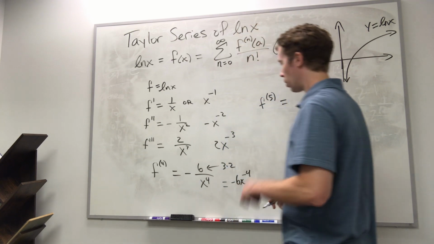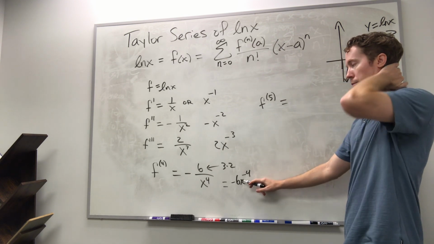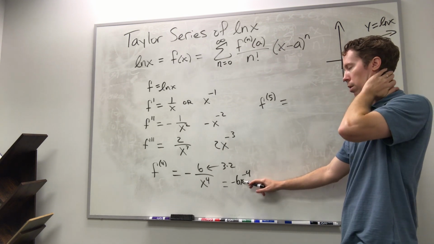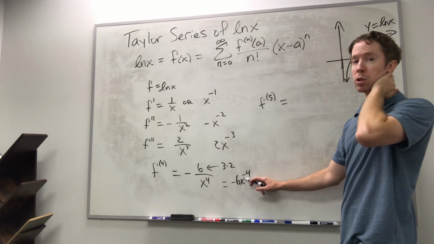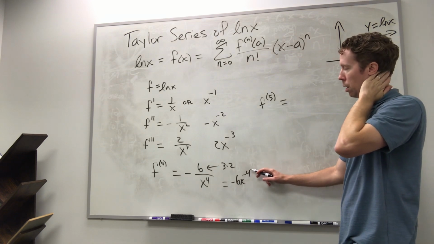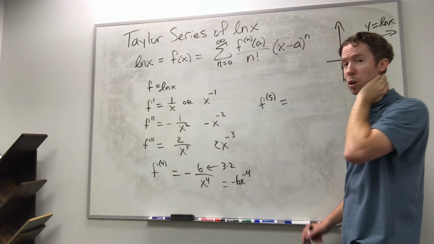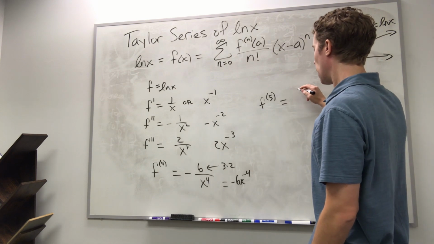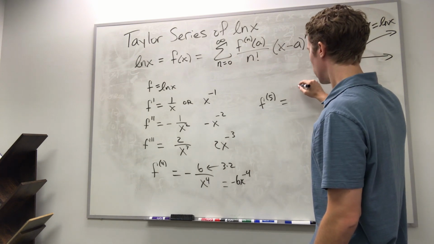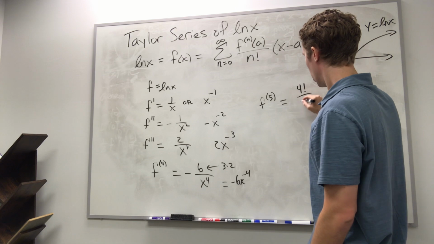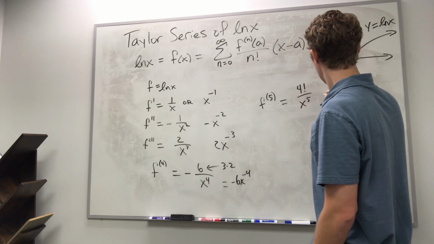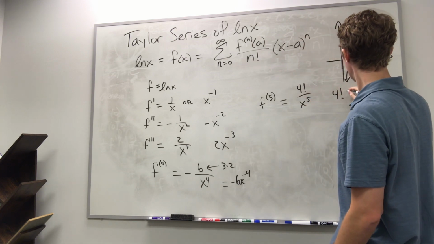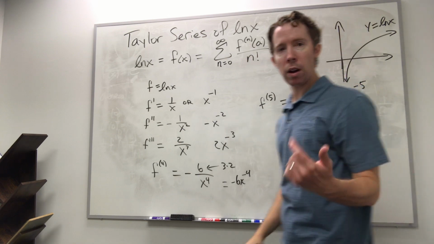So fifth derivative, 24x to the negative 5. That 24 is coming from 4 times 3 times 2, so I'm recognizing that as 4 factorial now. And it's positive, so 4 factorial over x to the 5th, or 4 factorial x to the negative 5. And now I think I've got the pattern.